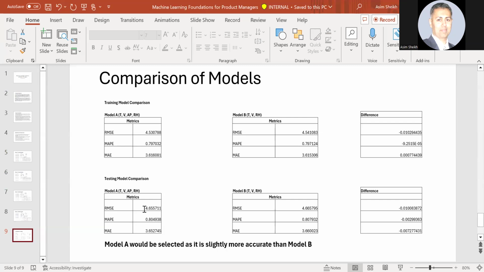So in the real world, I would want to ask for additional features, additional information that may cause us to have a clear winner. But nonetheless, I would still go with Model A because the metrics are slightly better than Model B, which includes all the features that predict the target variable.